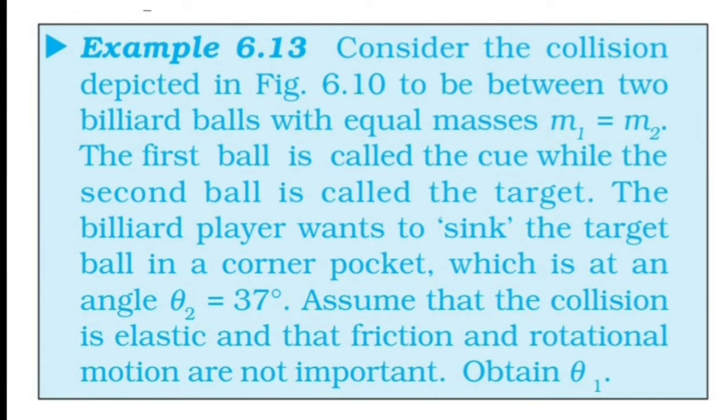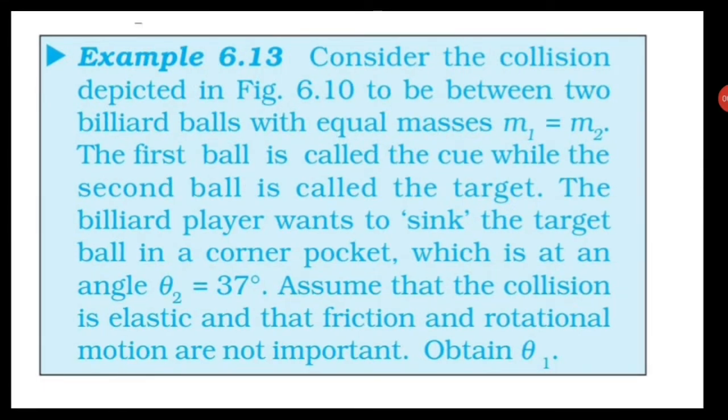Now we will discuss example 6.13, which is based on elastic collision in 2 dimensions. Consider such a collision between 2 billiard balls with masses m1 equal to m2. So the billiard balls have equal masses. The first ball is called Q and the second ball is called the target.